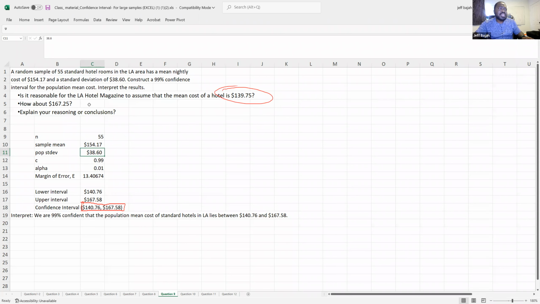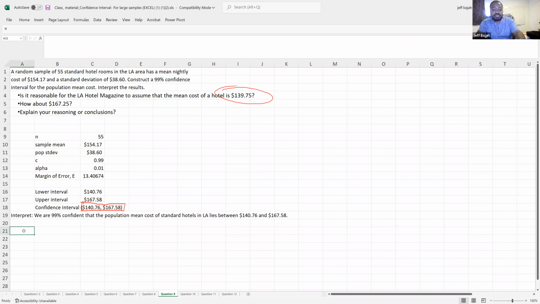So it clearly shows us that it's not reasonable, because at 99% confidence, we know that it should be between 140.76 and 167 and 58 cents.